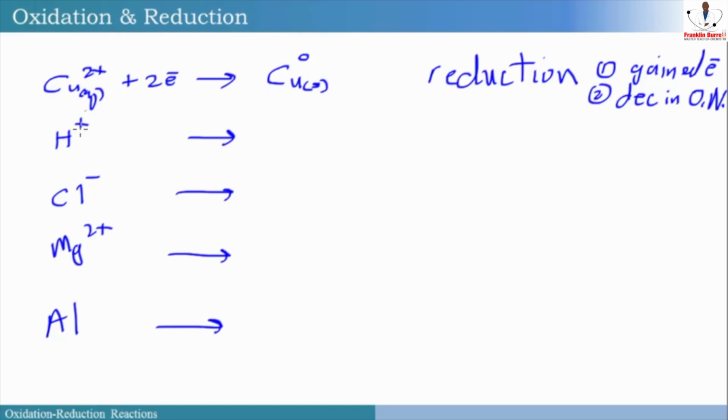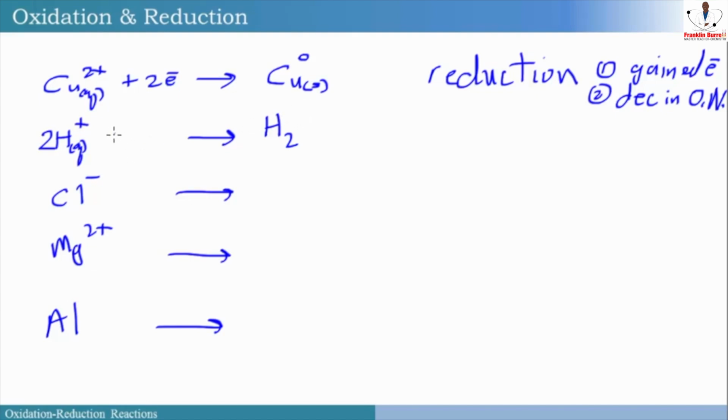Let's check out H plus and see if we have oxidation or reduction. So H plus ion is going to H2, and put our aqueous here. And let's check to see if we have mass balance. Well, I have 2 H's here and 1 here, so I need to put another one there. In terms of electrons, what do I need to do to move from 2 plus to 0?